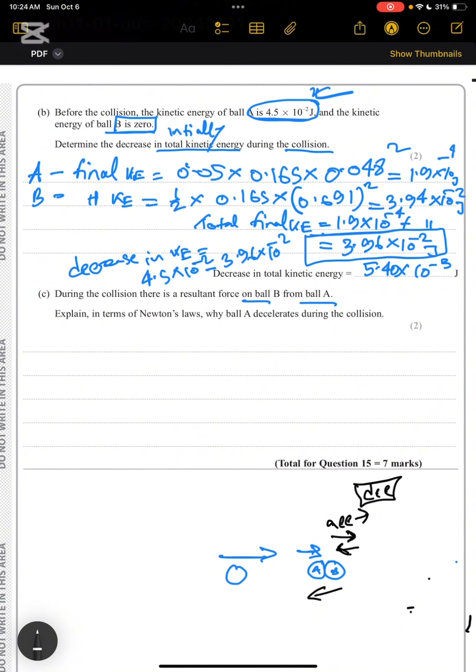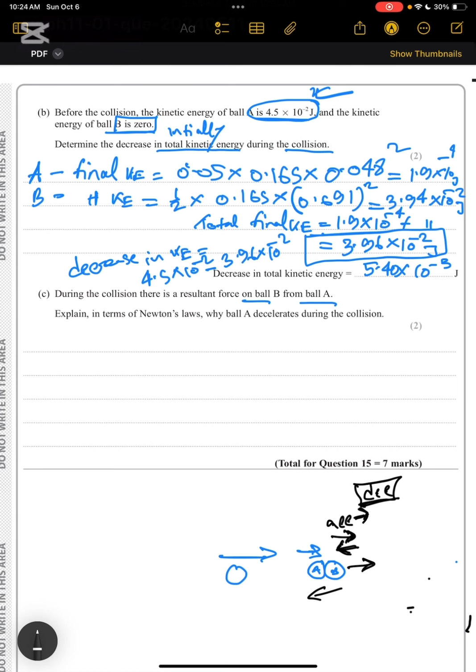We can say it will decelerate, and the ball B will accelerate in this position because the ball B doesn't have any other force on any other direction. It has only a force on the right, so the ball B will only accelerate, but ball A will decelerate because previously it had an acceleration in the right direction. But as ball B is exerting equal and opposite force on ball A according to Newton's third law, and the ball A now also has a force on the opposite direction to its motion, so it will decelerate now.